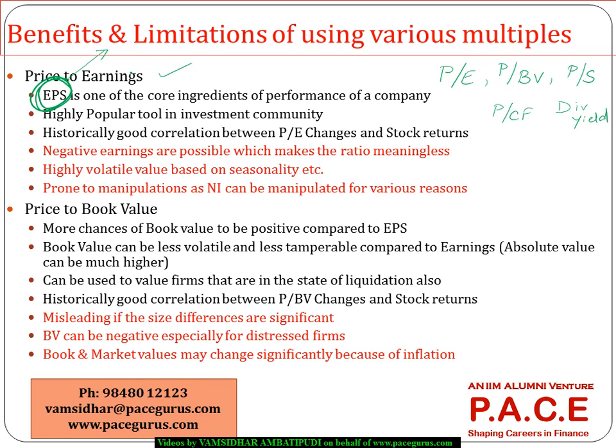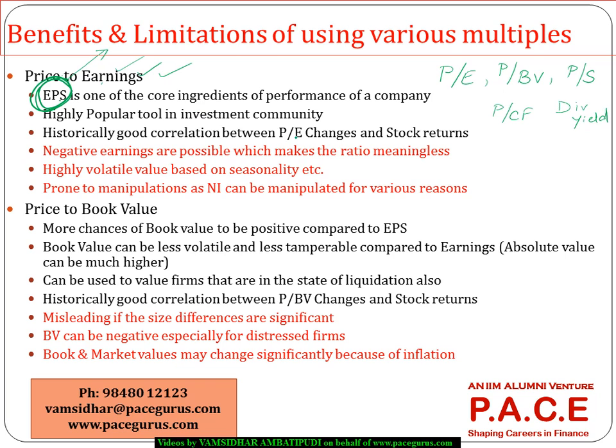So the multiple which is very heavily linked to the earnings per share, price to earnings per share, has become one of the buzzwords in the investment industry. So price to earnings, PE ratio, P by E ratio kind of terms are more and more a commonality in the investment industry. So from that perspective, everyone will start looking at what is the P by E for this company. Based on this, they even start making conclusions on whether it is overvalued or undervalued.